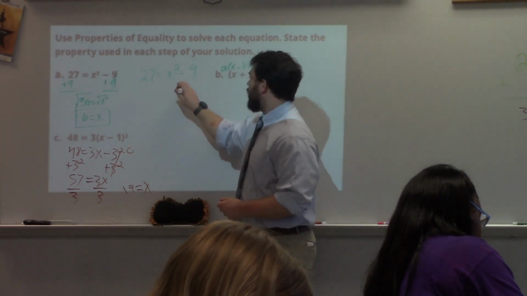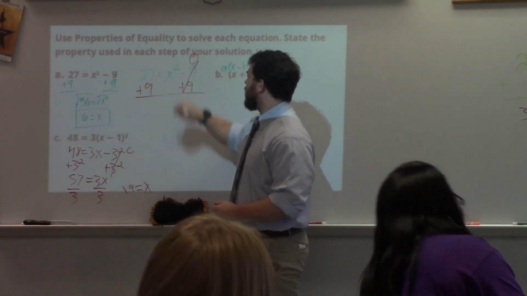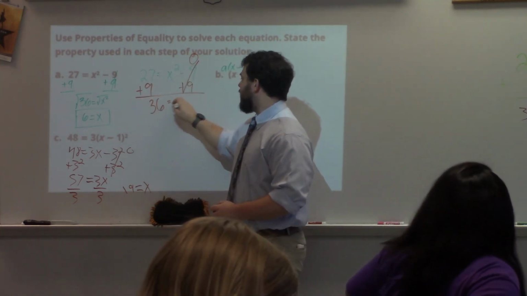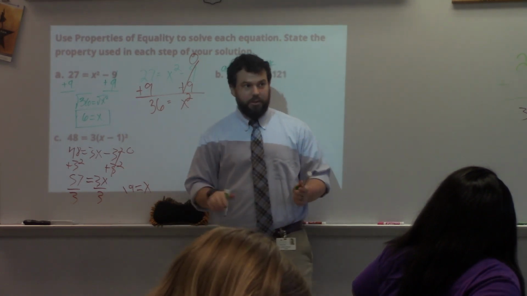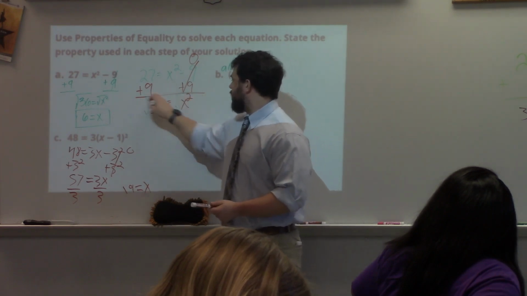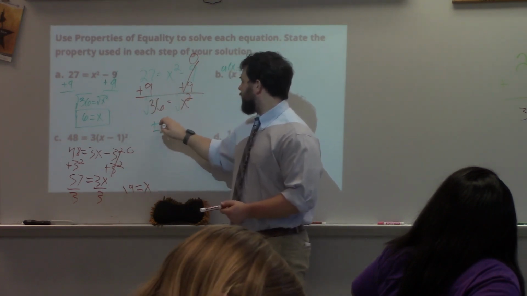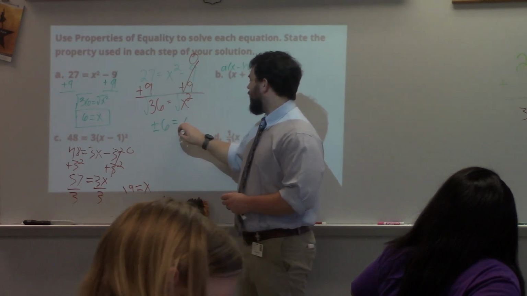So, we got here. We did add 9. A lot of us got there, creating a 0. 36 equals x squared. And eventually, a lot of us remember the inverse of a square is a square root. So, plus or minus 6 is equal to x.